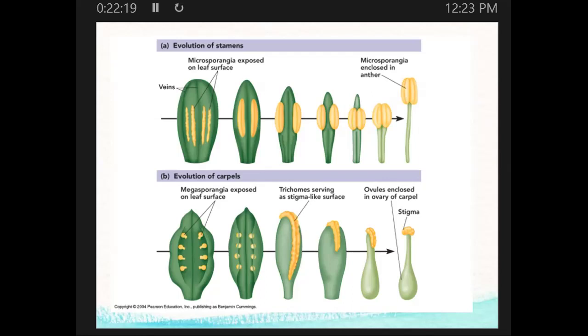So the style and ovary is really the remnants of what the leaf tissue was, with the stigma right up on top. So lots of ideas out there. These are widely accepted ideas on how the male and female structure of the flower might have evolved over time. And again, they're showing fossil evidence for a lot of these ideas.